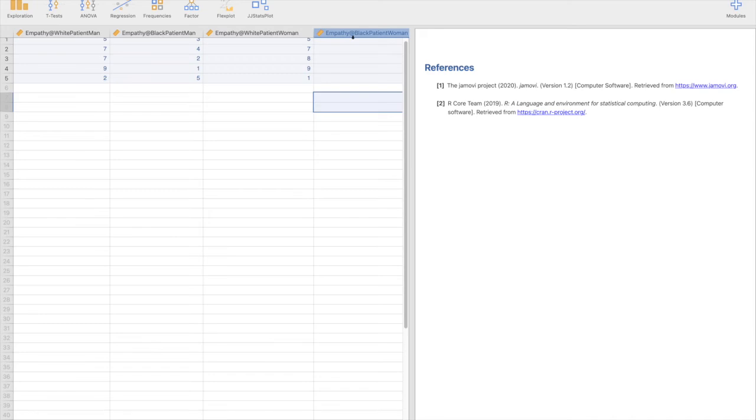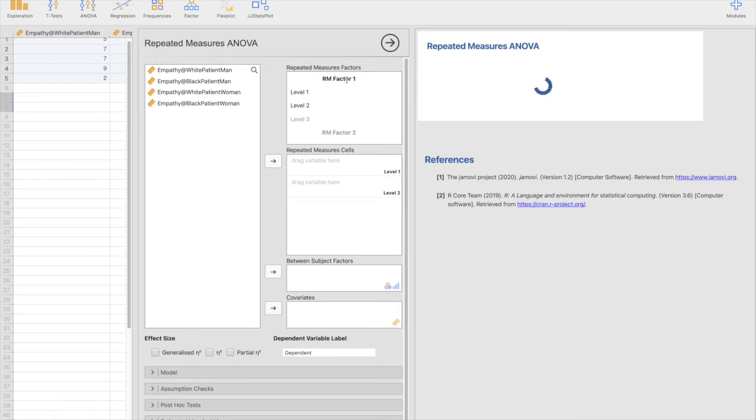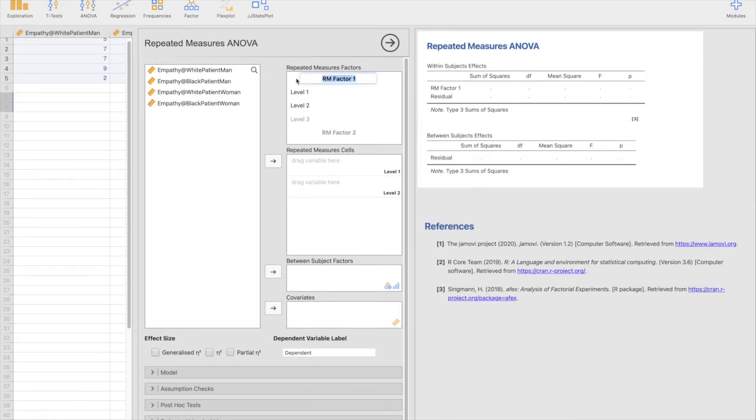We want to analyze this data with a 2x2 ANOVA. So we click ANOVA, we click repeated measures ANOVA. My repeated measure factor number 1 is race, white versus black.